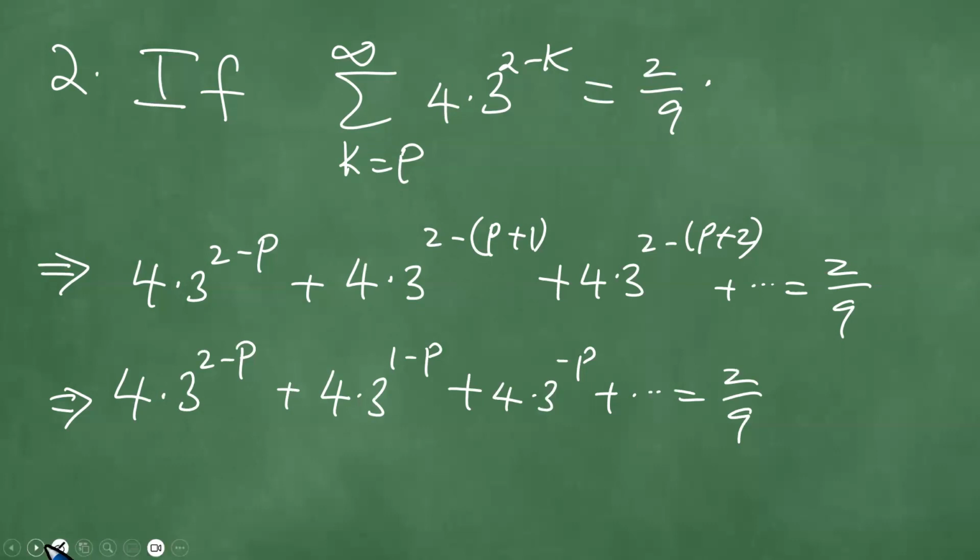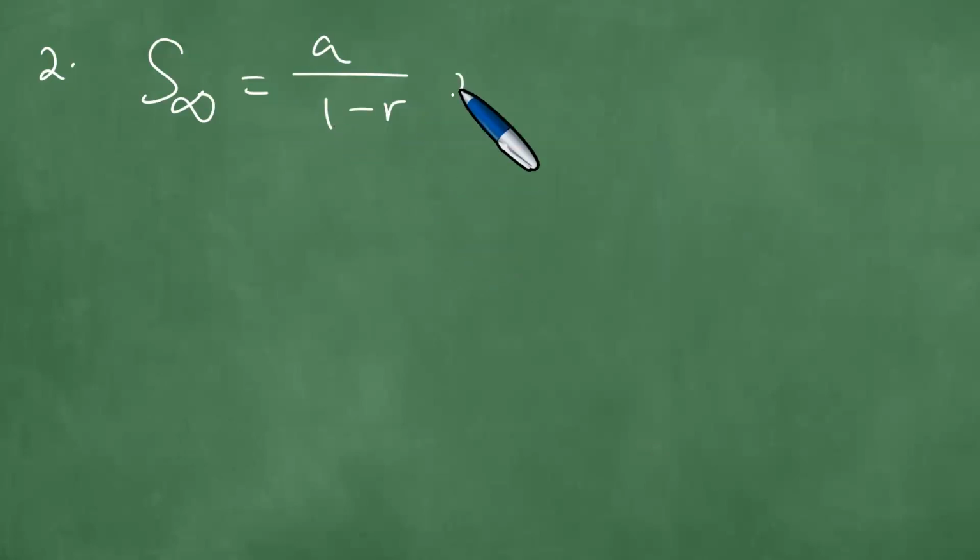Because this is an infinite series, the formula for an infinite series is that S infinity is A divided by 1 minus R, where the constant ratio is smaller than 1. So we need the first term and the constant ratio in this formula.